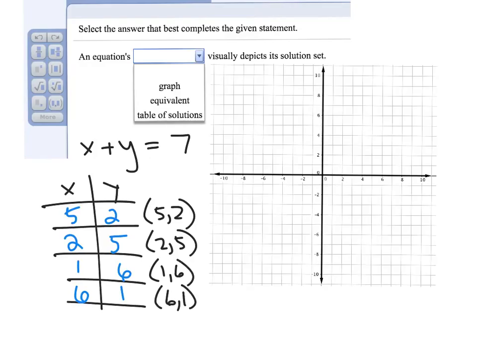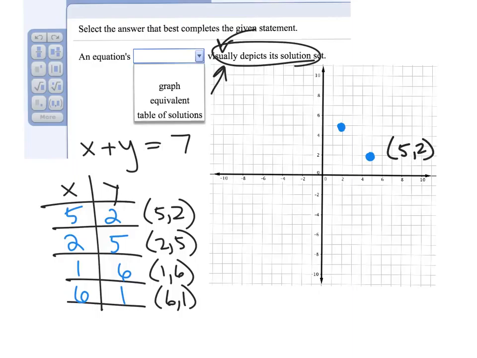All right, now when we graph them, and that's the visual part, visually depicts, when we graph them, let's see, (5, 2) is going to go right here at (5, 2). (2, 5) is going to go right here. And in fact, I should write these down. So that's (5, 2), that's (2, 5).